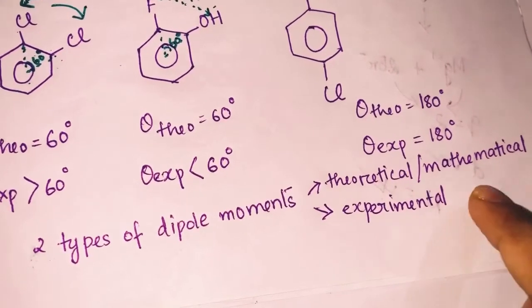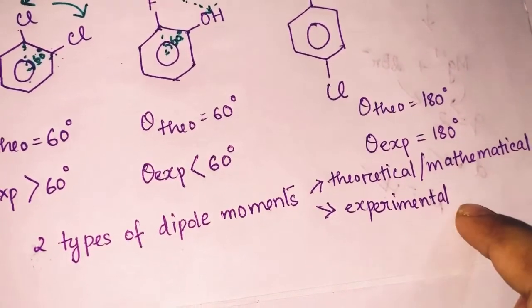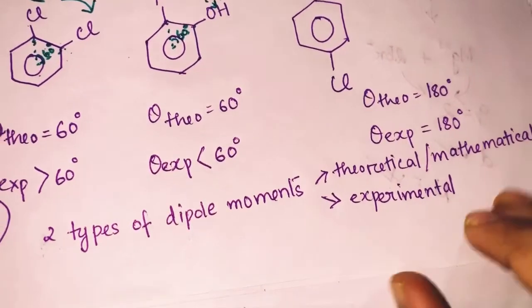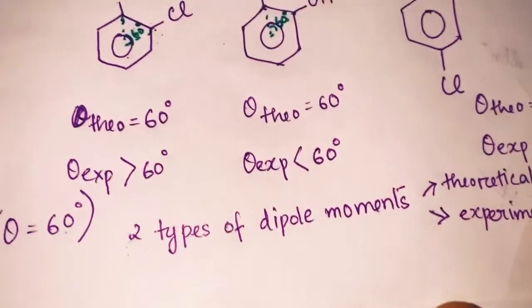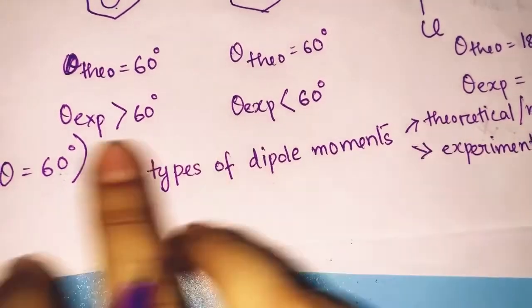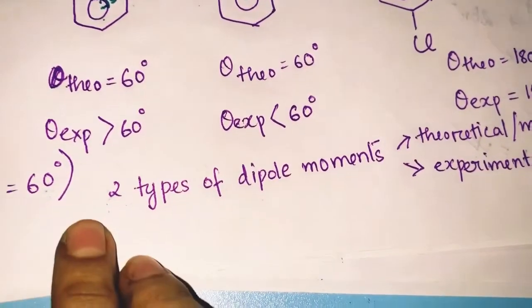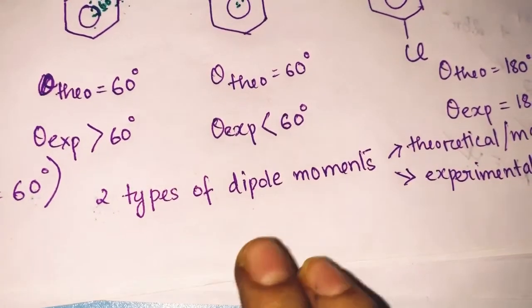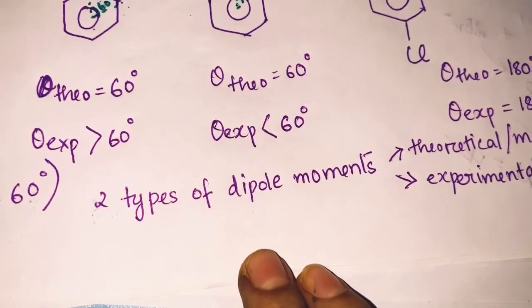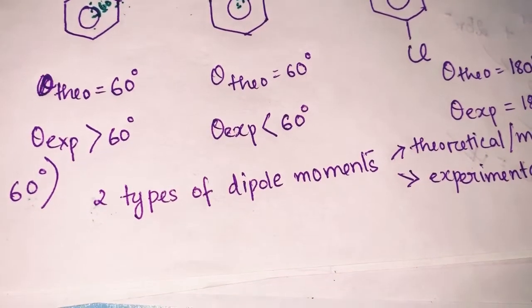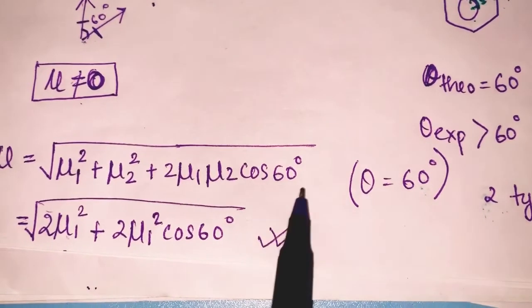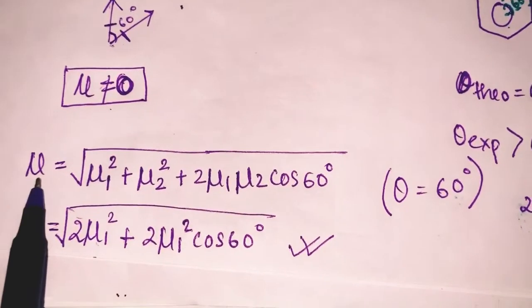These two exist because of the differences in the angles between the different dipole moments in a compound. As a result, we can clearly say here that the theta experimental will be different and the dipole moment experimental and theoretical will also be different, because just like in this question we have observed, we have to make use of theta when we have to calculate dipole moment.